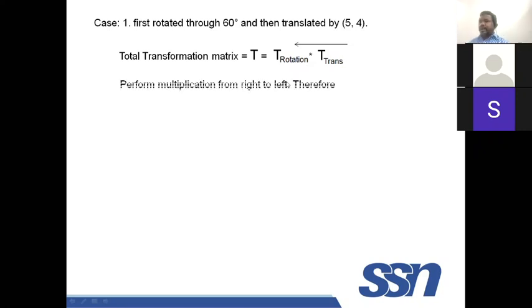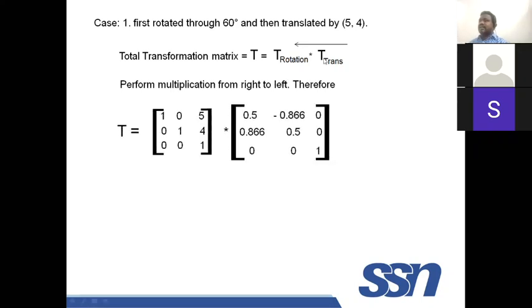Or you can write it in reverse order, with the translation here and the rotation matrix here, and then perform multiplication from left to right. Matrix A times matrix B is not equal to matrix B times matrix A, therefore the order of multiplication is very important.